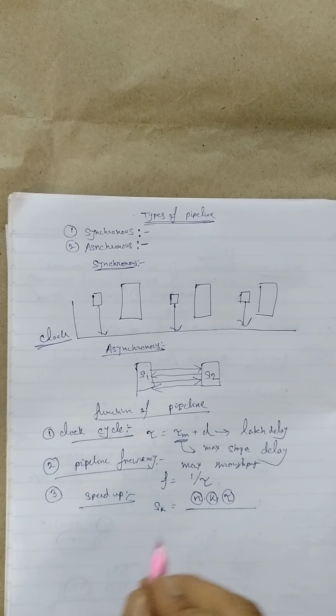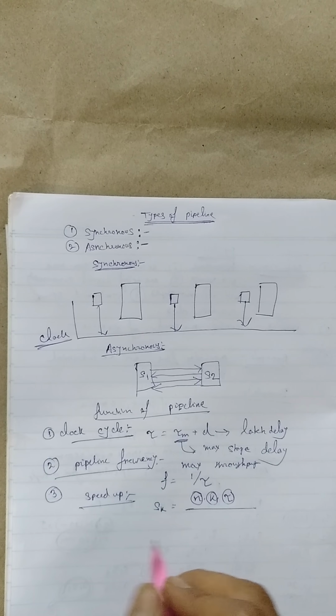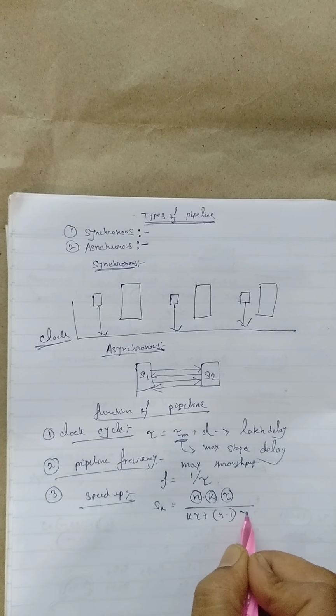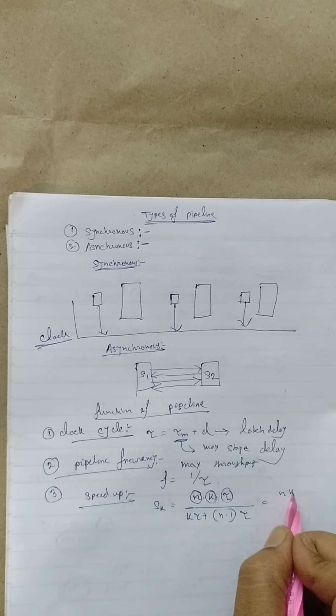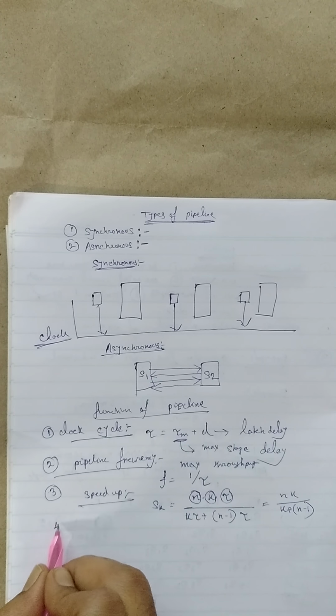The same process executing in a k stage pipeline processor takes k into tau plus n minus 1 into tau. By simplification we get nk by k plus n minus 1. This is the definition of speed up.